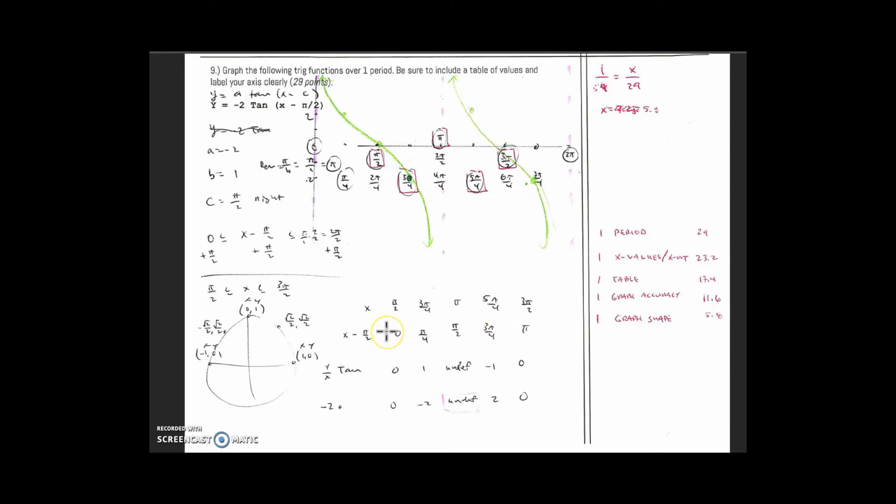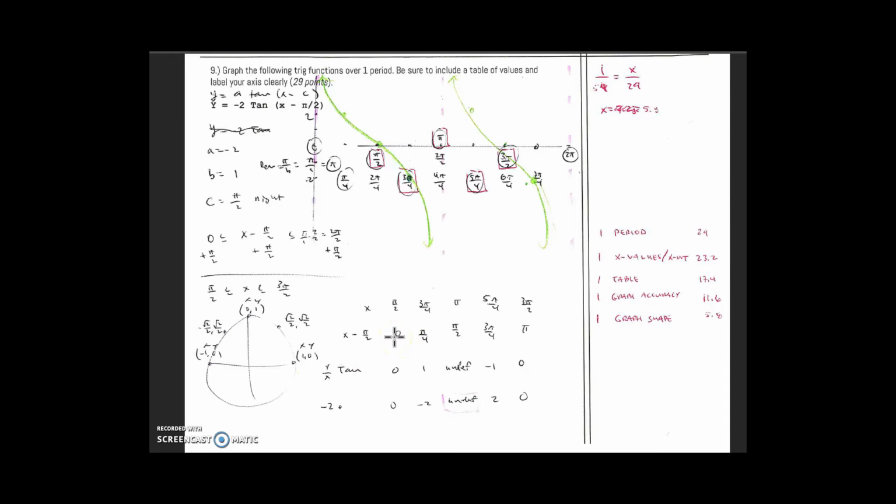Where do I get these values from? Just come over here. Tangent is y over x, and at pi over 2, y over x is 1 divided by 0. Sorry, tangent at 0, I was thinking that's undefined.